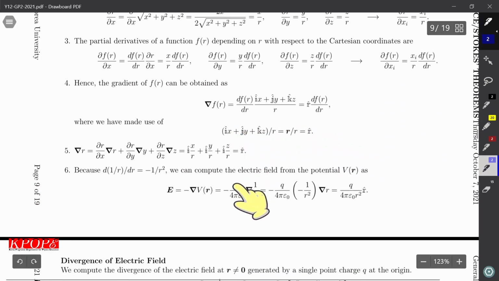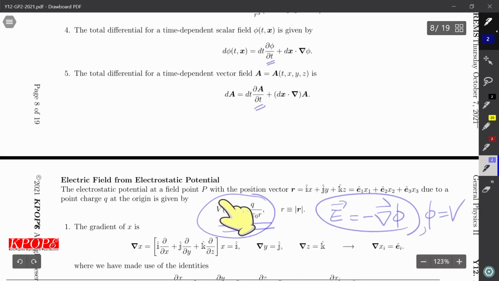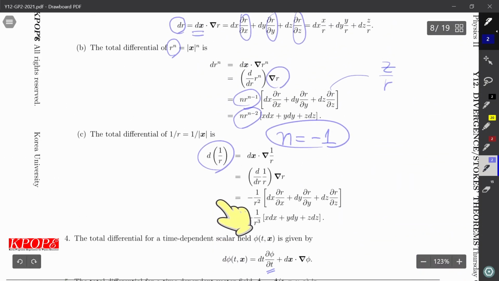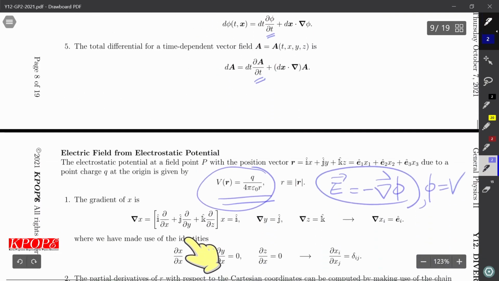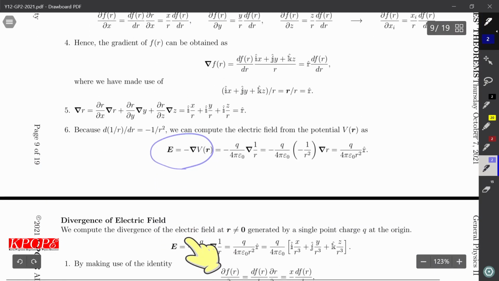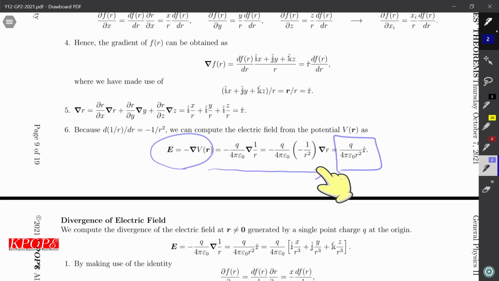Finally, we obtained the electric field by computing minus gradient potential, and gradient 1 of R, we already obtained. As a result, we reproduce the electric field that corresponds to the Coulomb's law of force due to a point charge at the origin.